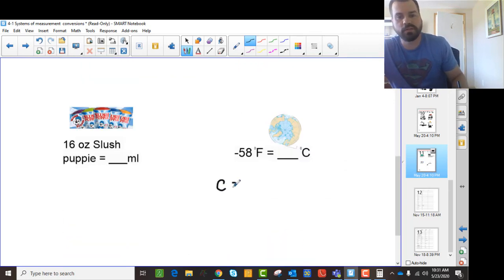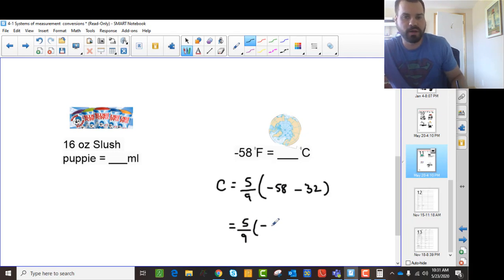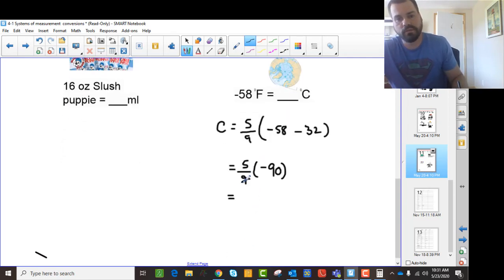So Celsius temperature is 5/9 of the Fahrenheit temperature minus 32, which is 58 minus 32. You have to do this as order of operations. So you're going to get minus 90. And so that's going to become, you divide those, minus 10 times 5, so you're going to get minus 50 degrees Celsius.